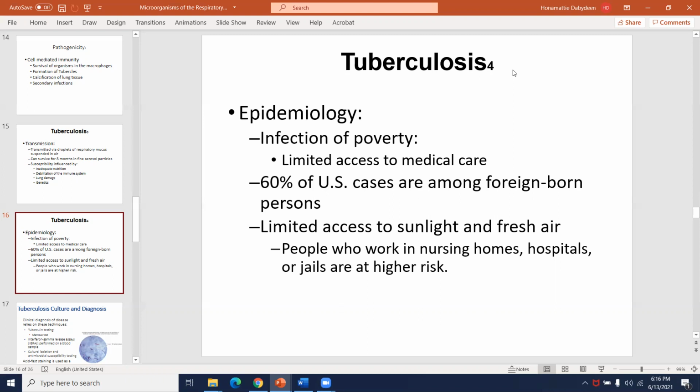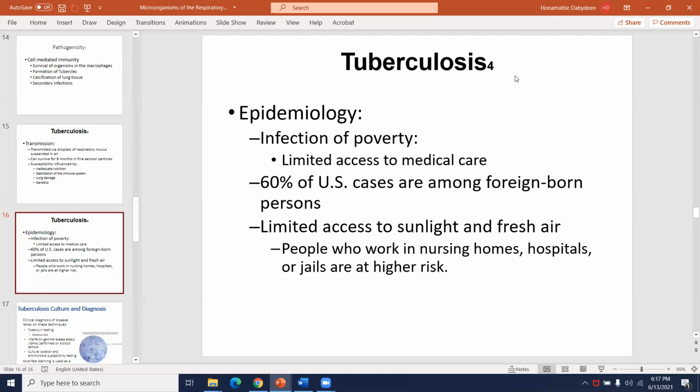So we know that people who work in nursing homes, or if you have people in nursing homes and hospitals or jails, they are really at a higher risk of contracting and having TB. When we talk about that, about 60% of the cases in the United States are among the foreign born.